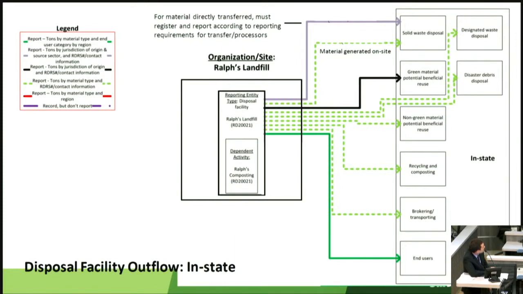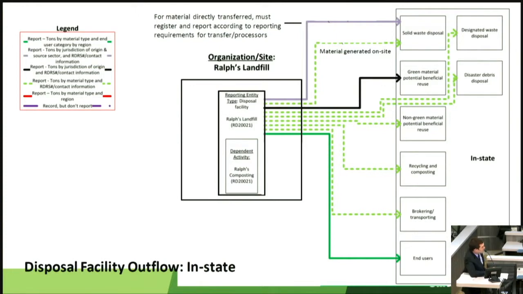If you ended up sending it to disposal, you would indicate the tons, the material type, and the RDRS number and contact information of the solid waste that was generated on site that's now heading to another facility.